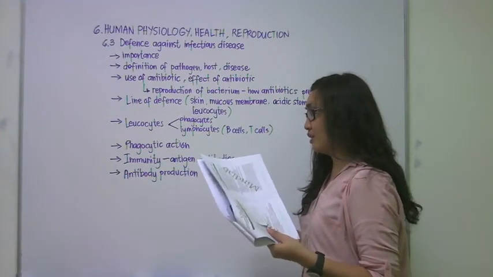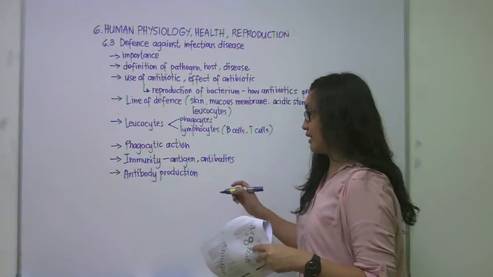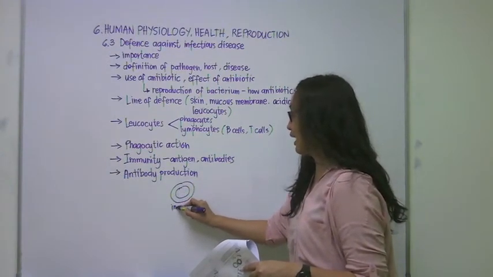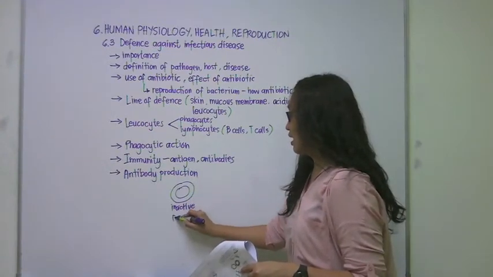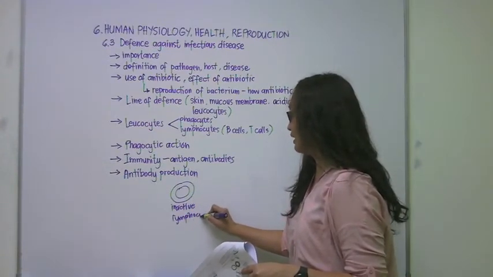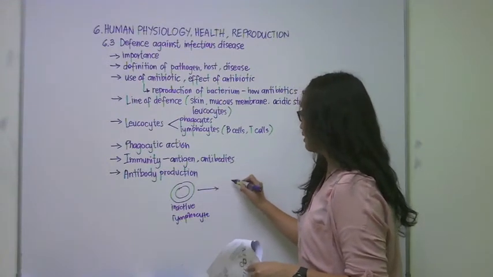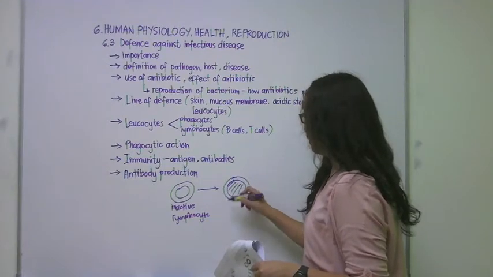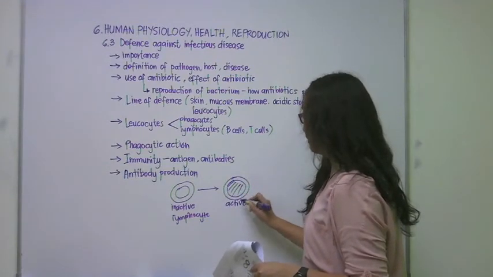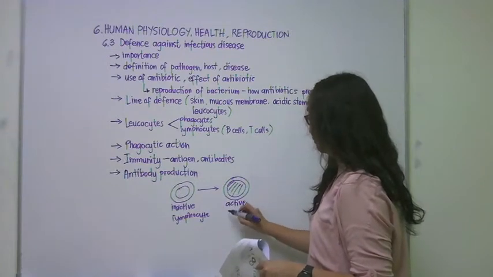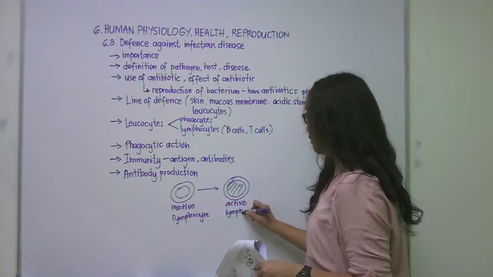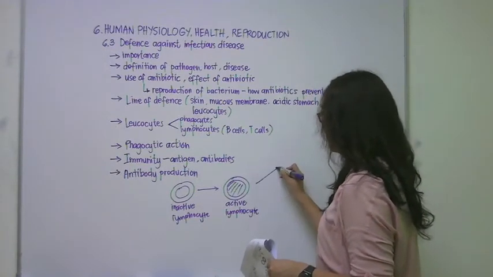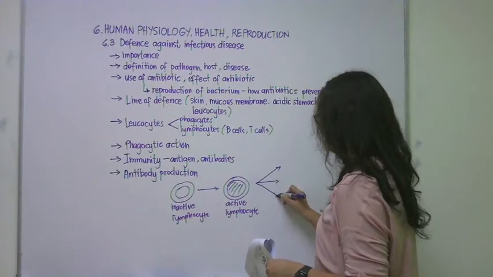We just need to discuss how an inactive lymphocyte is going to be activated in the presence of the pathogen. Once the lymphocyte has been activated, it will undergo cell division.